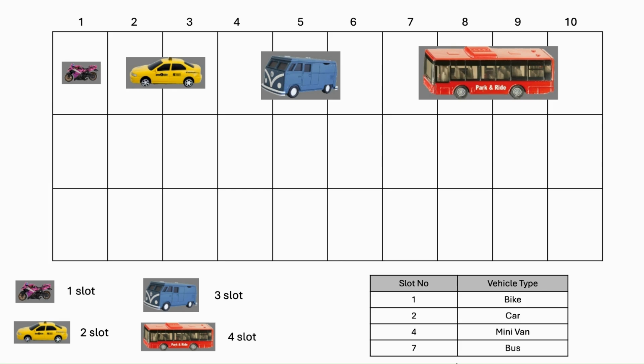Now suppose in the future a bigger vehicle comes, for example a big truck that takes 10 slots. What do we need to do? We don't need to make any changes in our registry or in the mechanism we use to keep the register.